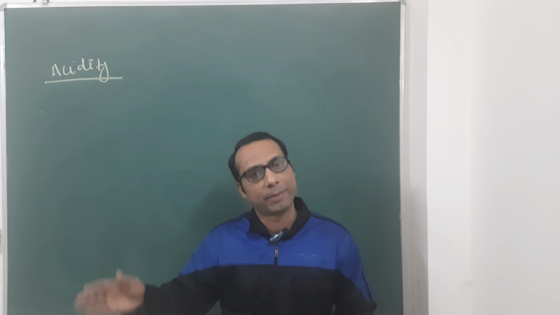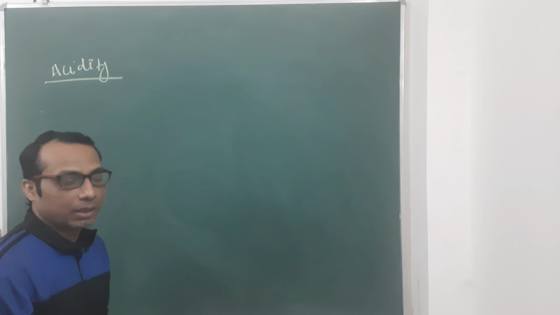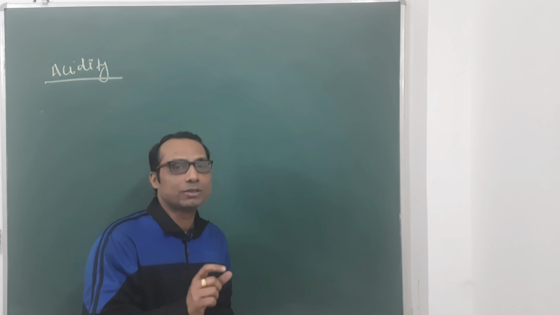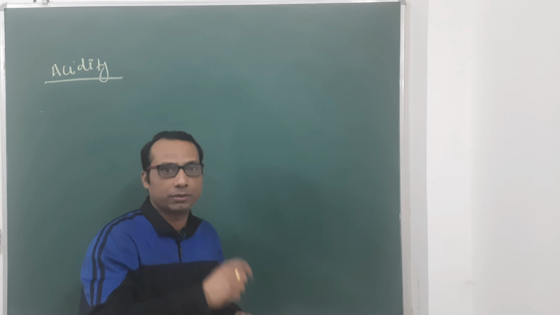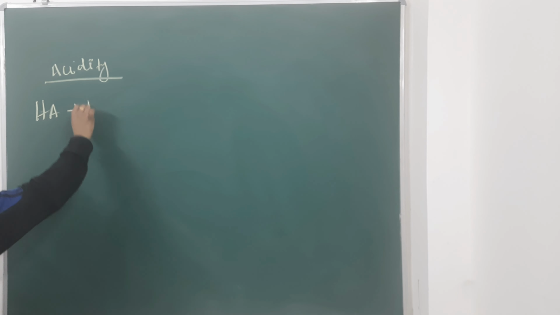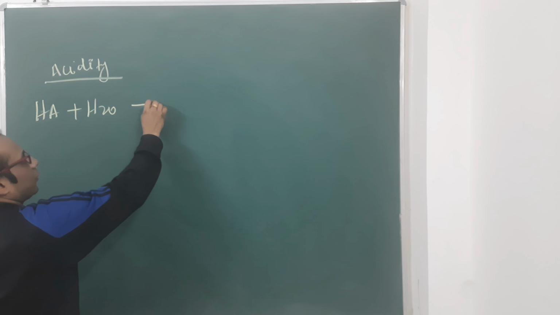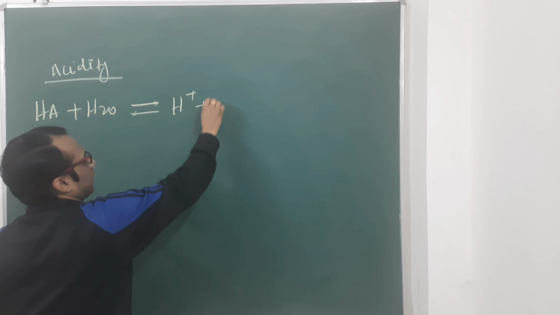Similarly, we observe the same thing in the base also. So here I write: any weak substance HA which dissolves in water, an equilibrium will set up, giving H plus and A minus.